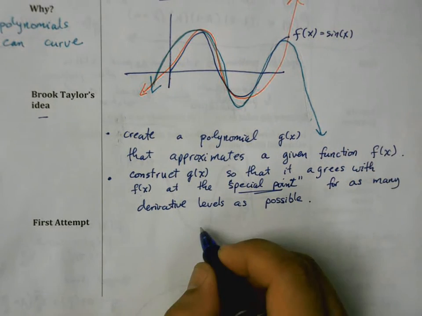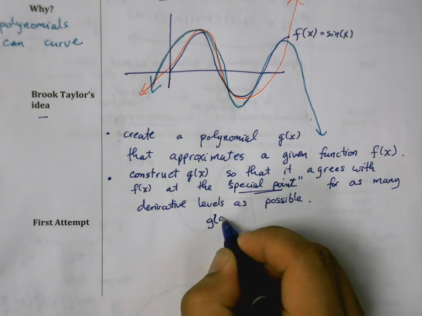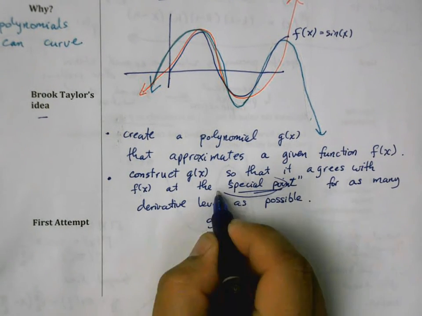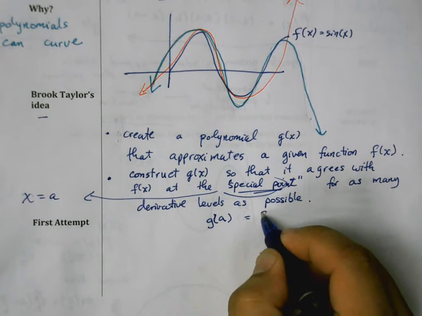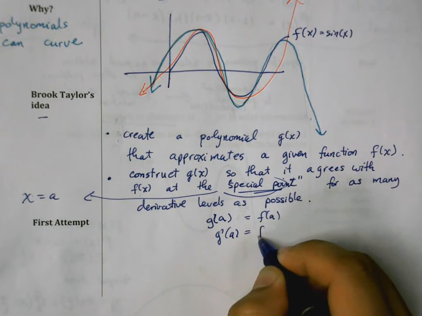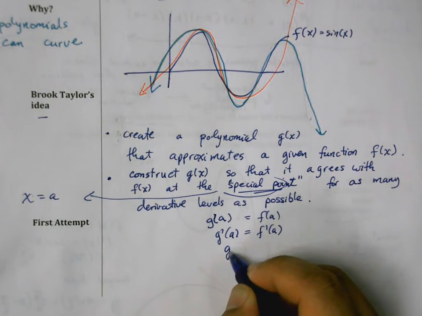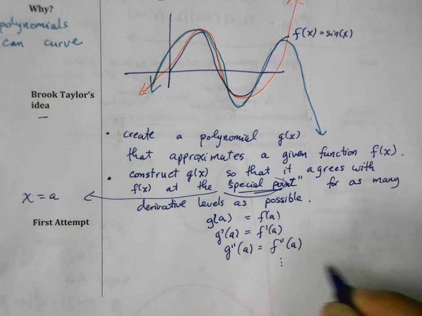Okay. So in other words, let's say that the special point here is x equals a. So g of a is equal to f of a, g prime of a is equal to f prime of a, g double prime of a is equal to f double prime of a, and so on.